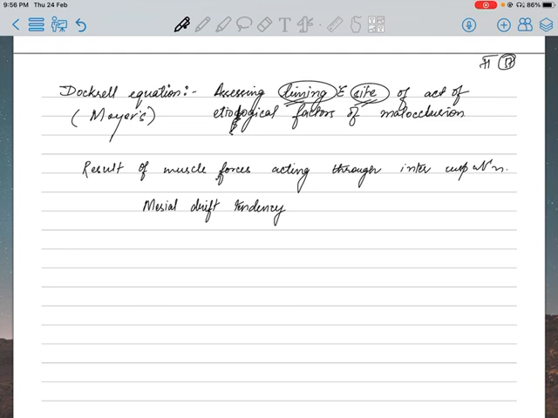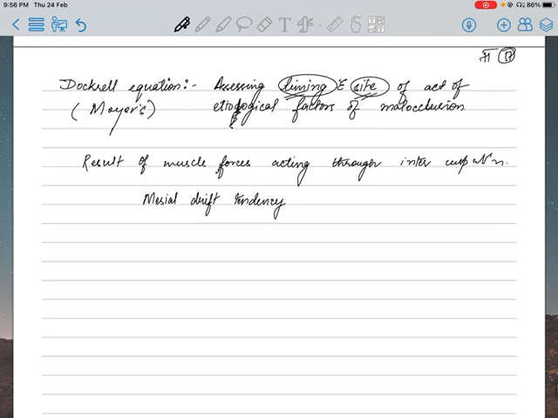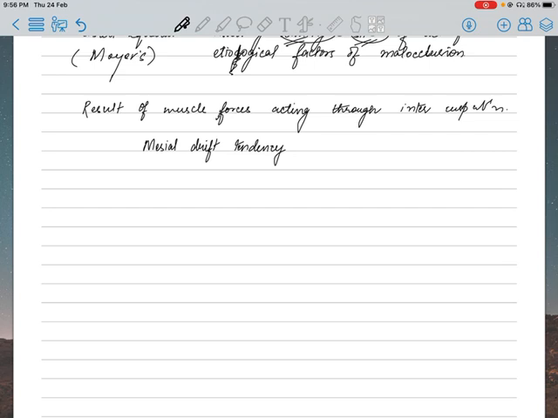ठीक है. Closure is rapid following loss of which primary?